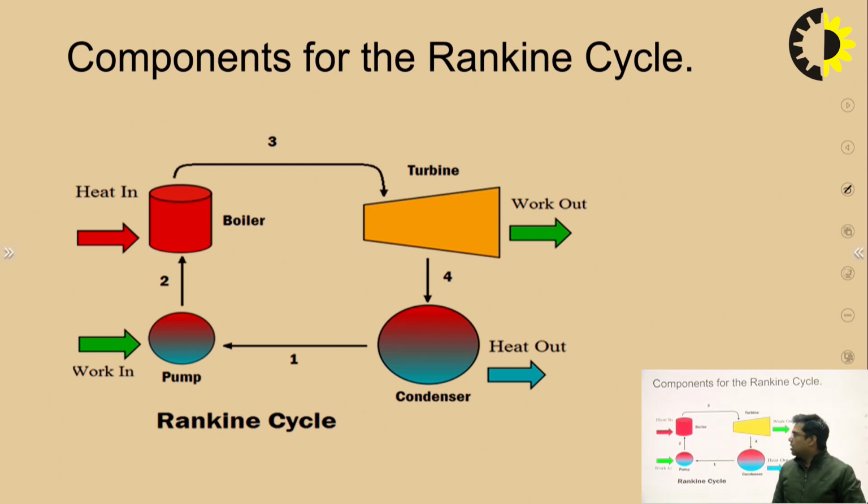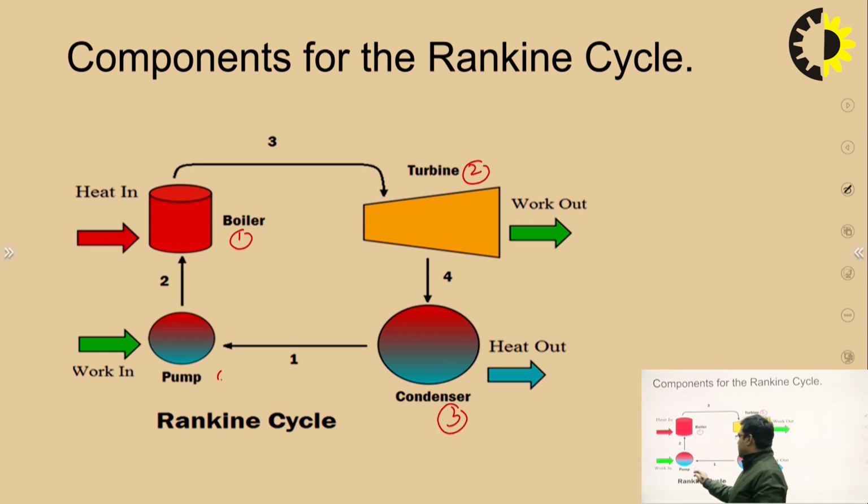These are the components of the Rankine cycle: the first component is the boiler, then the turbine, then the condenser, and the pump. So these four processes go on repeatedly. I will discuss the components of the cycle here with respect to the thermal power plant.